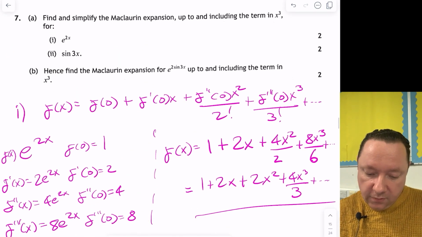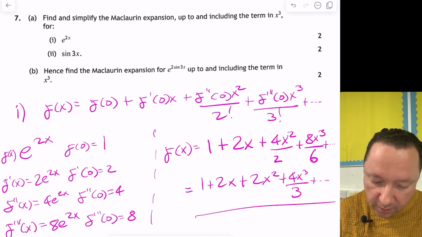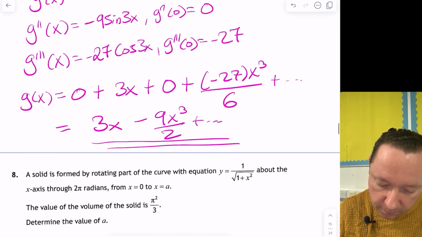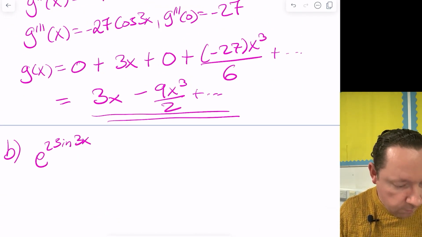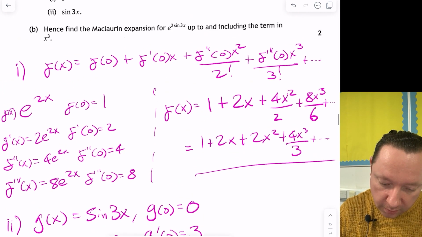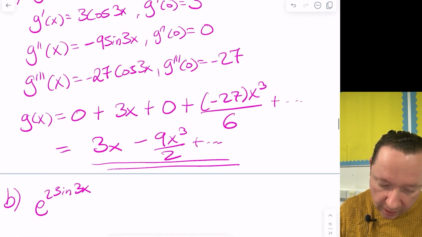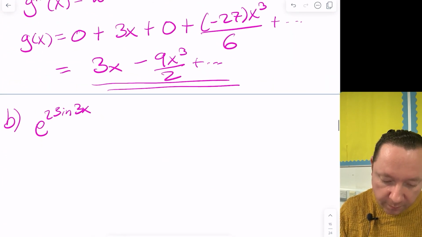Part B says, hence find the Maclaurin expansion for e to the 2 sine 3x up to the x cubed term. Okay, so e to the 2 sine 3x, and we've just done e to the 2x and we've done sine 3x. So that's appearing in there.